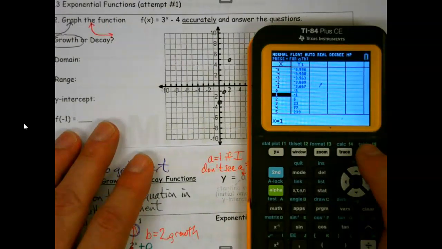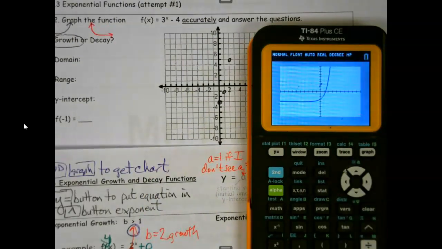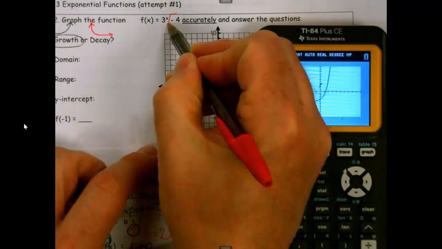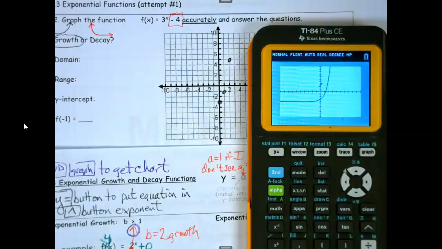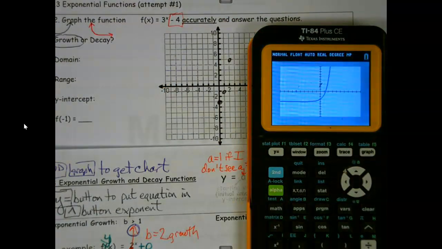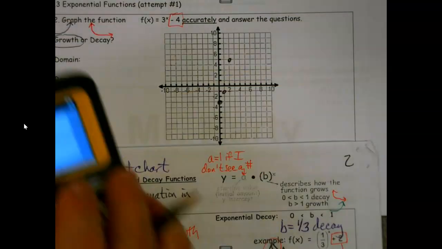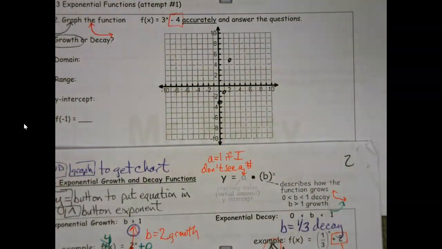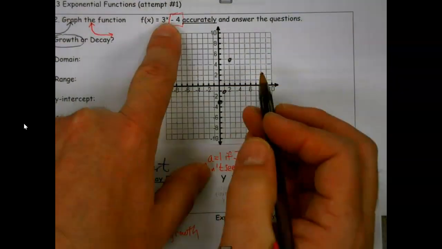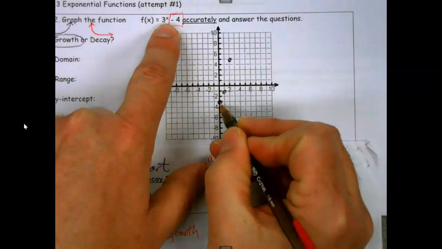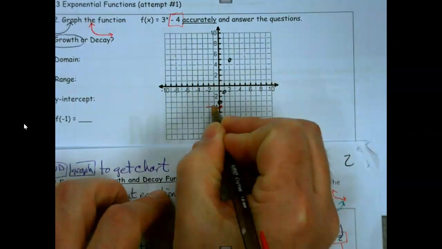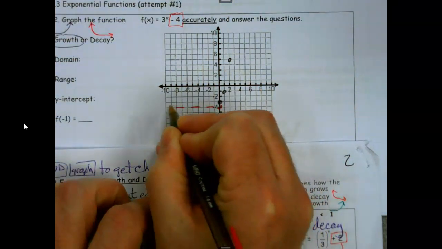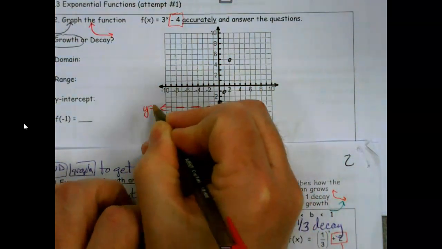So I'm going to use those as my guide to make my graph, but there's one other thing I'm going to mention. We've talked a lot about how this plus or minus number at the end is telling me where my do not cross line is. So this do not cross line is occurring where y equals -4.